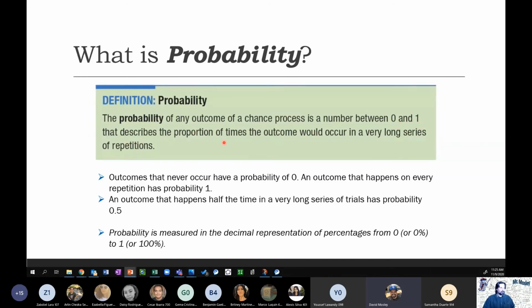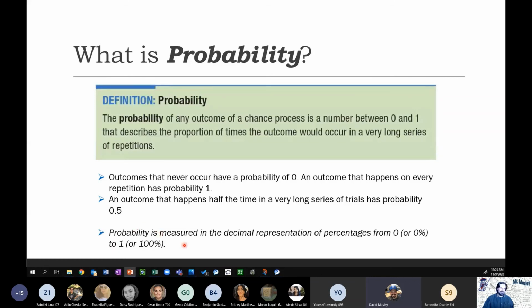That describes the proportion of times the outcome would occur in a very long series of repetitions. Outcomes that never occur have a probability of 0, like 0%. An outcome that happens on every repetition has probability 1, 100%. An outcome that happens half the time in a very long series of trials has probability 0.5, such as flipping the coin.